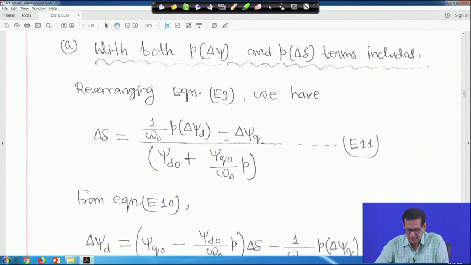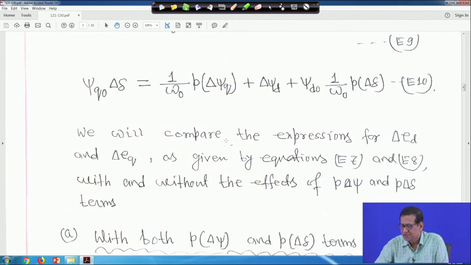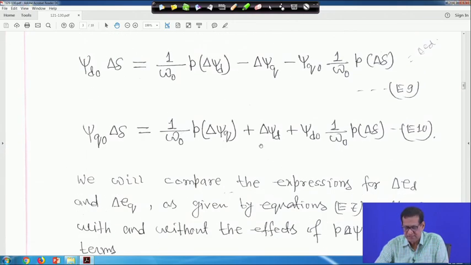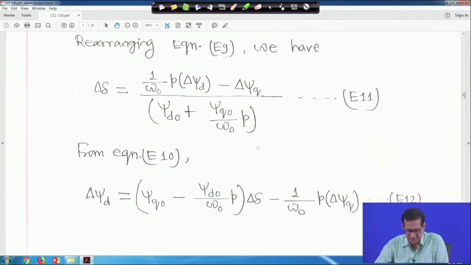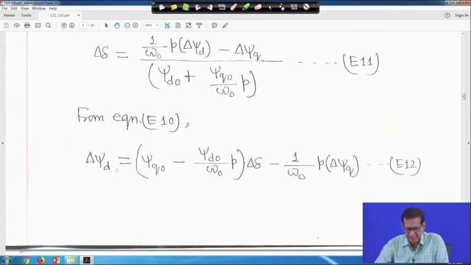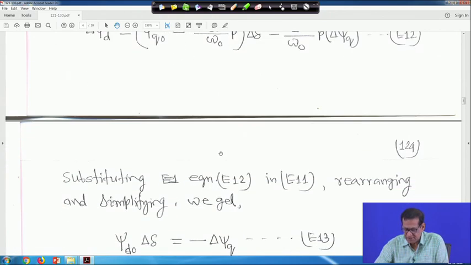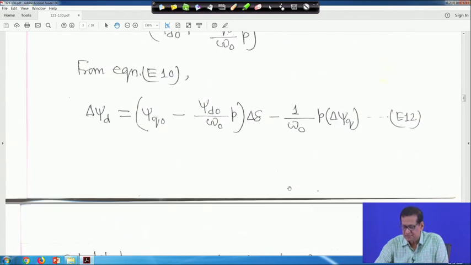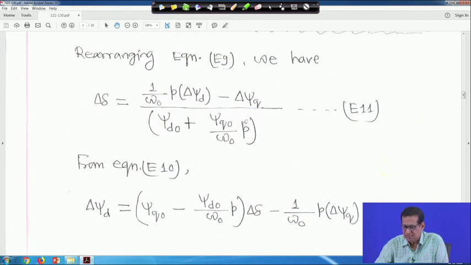Now, rearranging equation E10, you will get delta psi d equals psi q 0 minus psi d 0 upon omega 0 P delta delta minus 1 upon omega 0 P delta psi q. This is equation E12. Now, substituting equation E12 in E11.